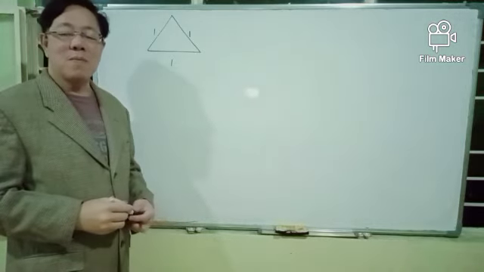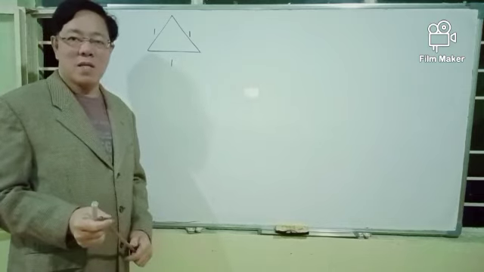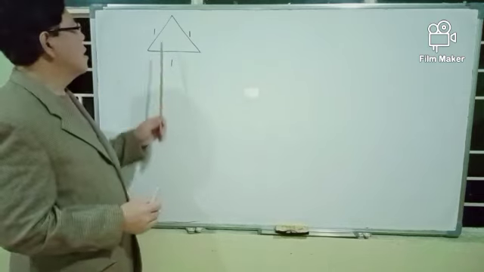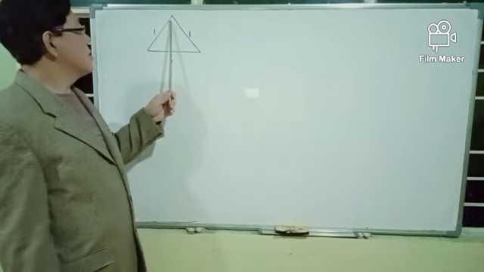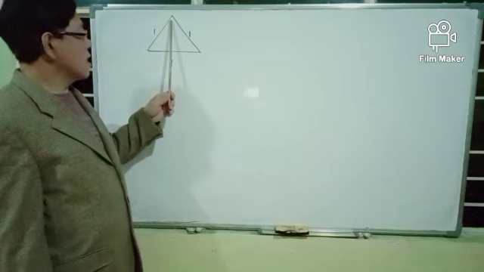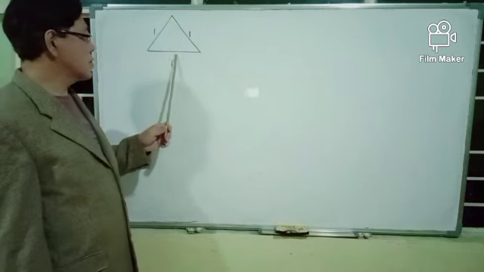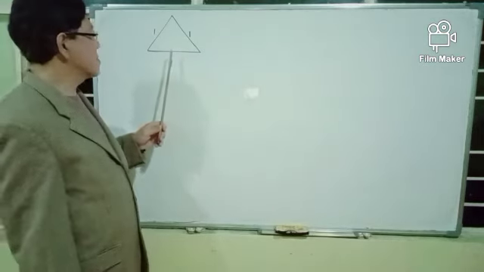And from this equilateral triangle, we construct a right triangle by constructing a bisector of this angle, a perpendicular bisector through this angle through the midpoint of the opposite side.